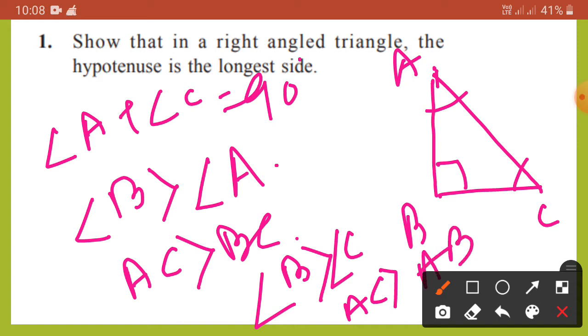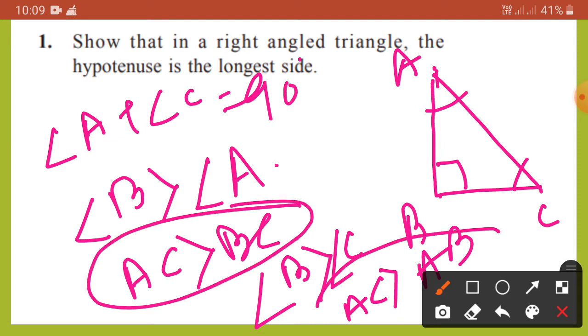Hence, from these two equations, we can say that AC is the longest side. So hence we proved that the hypotenuse is the longest side in a right angle triangle.